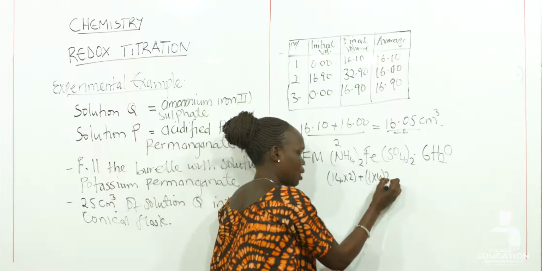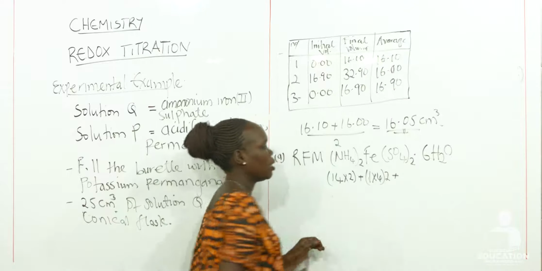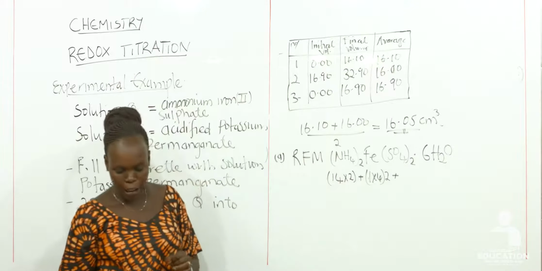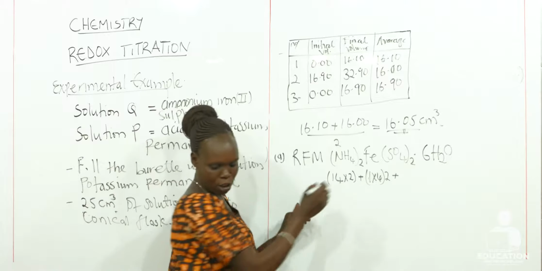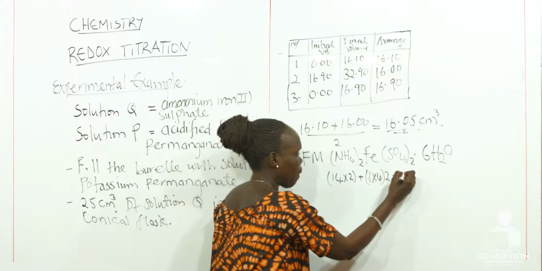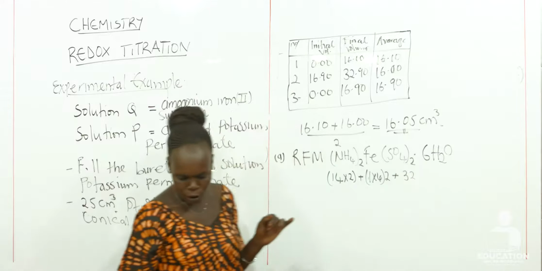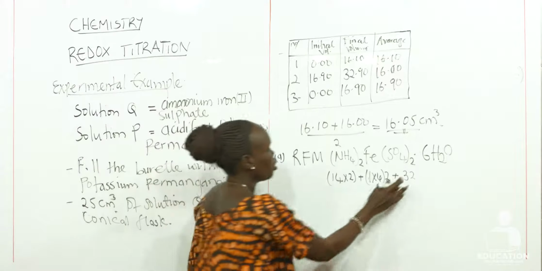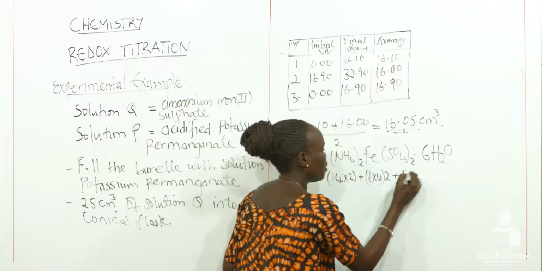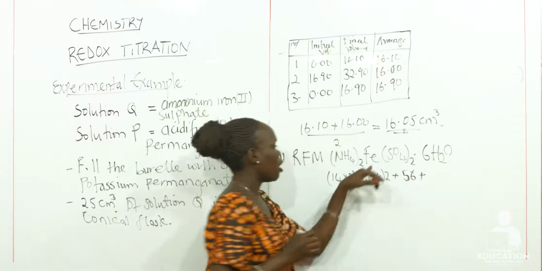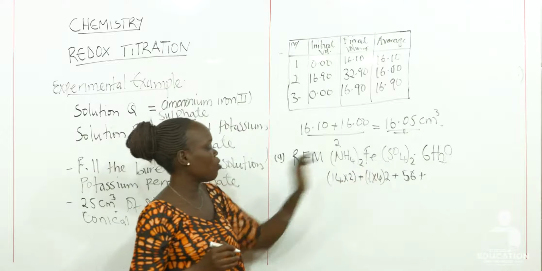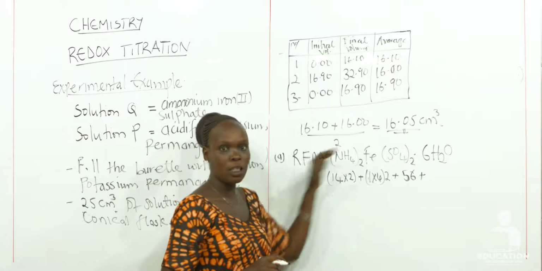Then we multiply again by 2, plus iron, the atomic mass is 56. Sorry, it's 32. How many do we have? We have only 1 atom of iron in this chemical formula.